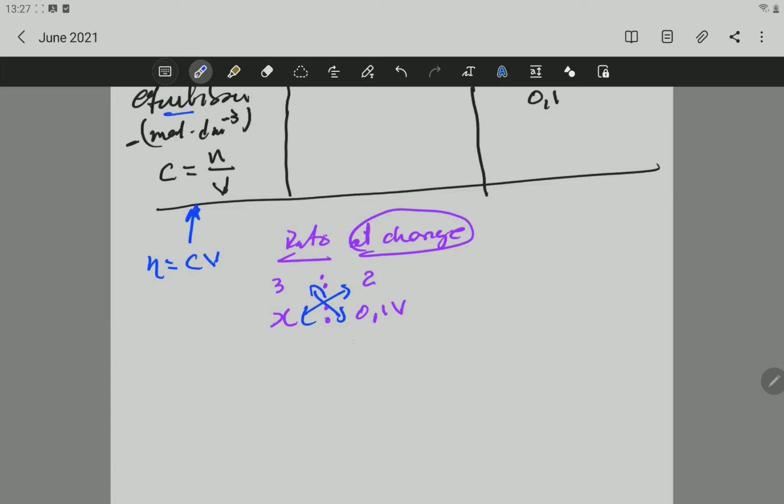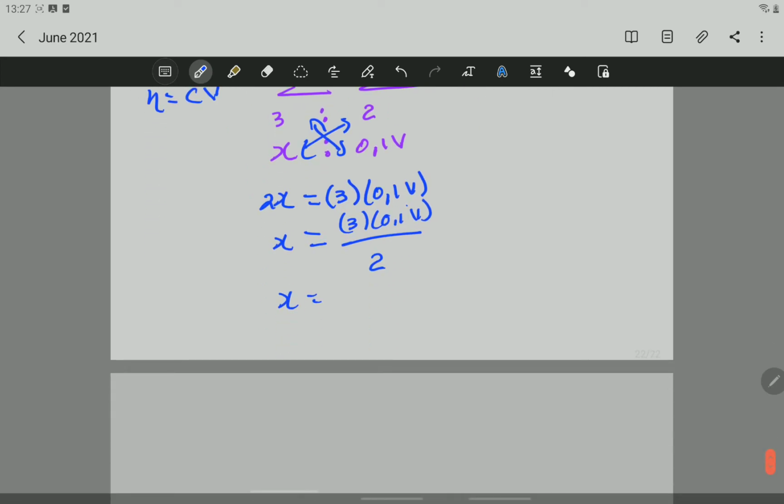This is simple math, but let's do it. 2x is equal to 3 multiplied by 0,1 V. So X is equal to 3 times 0,1 V divided by 2.